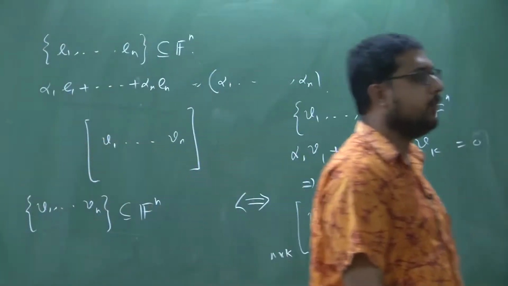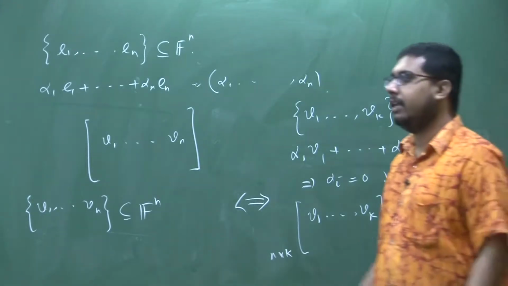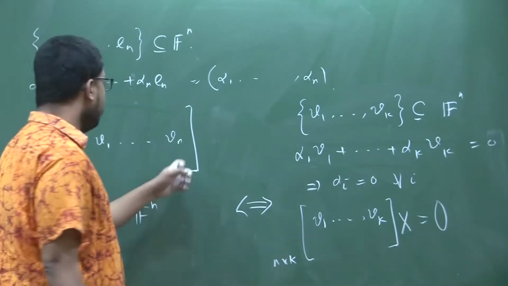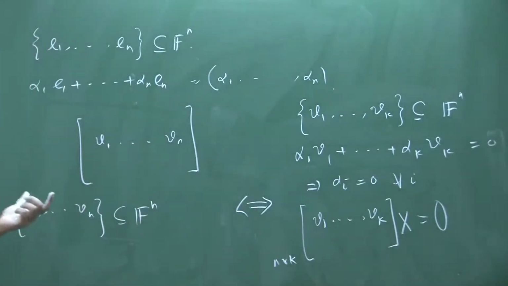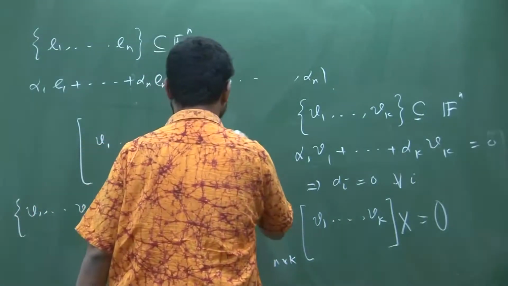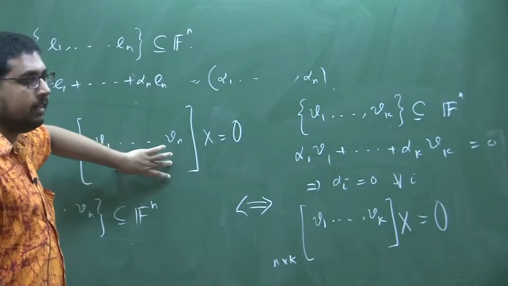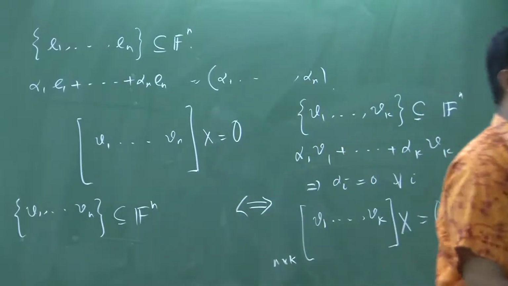If we can see that it has only the trivial solution, then it will be linearly independent. So, in particular when k is n and this matrix is invertible, then this system has only the trivial solution, right.